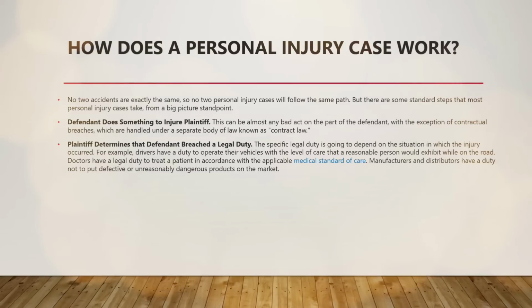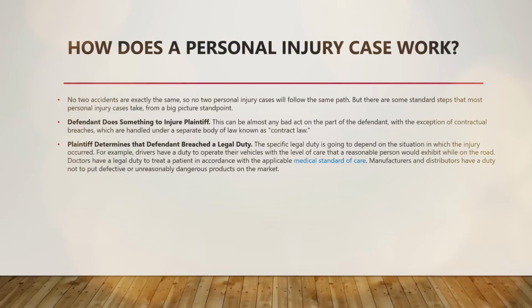Now we take some ideas on how a personal injury case works. No two accidents are exactly the same, so no two injury cases will follow the same path. But there are some standard steps that most personal injury cases take from a big picture standpoint.